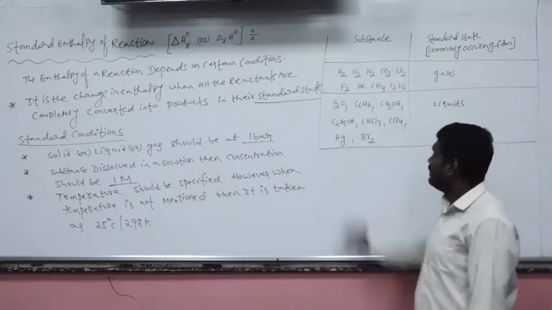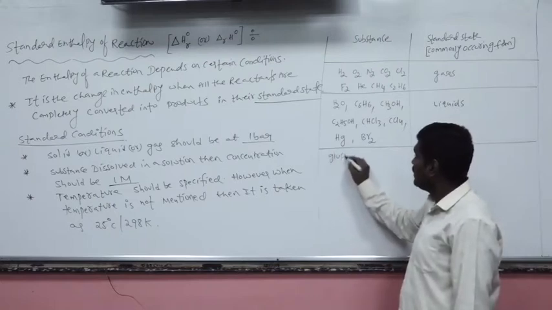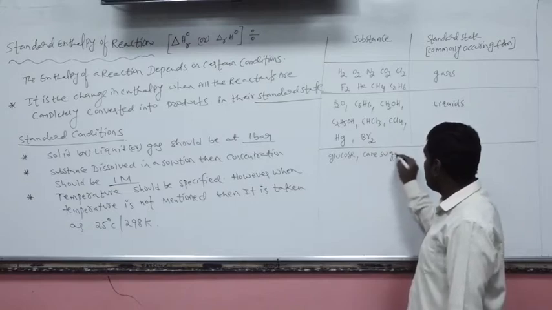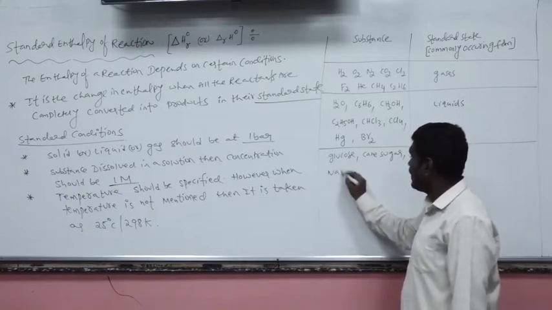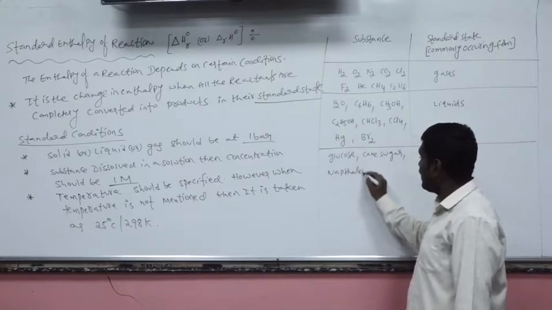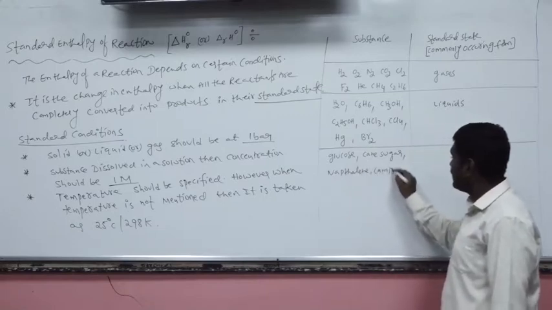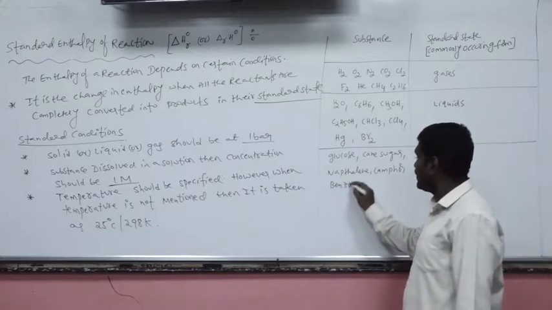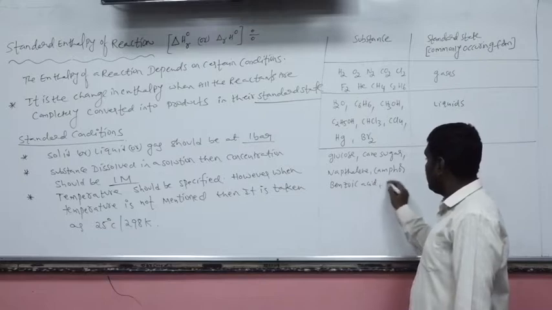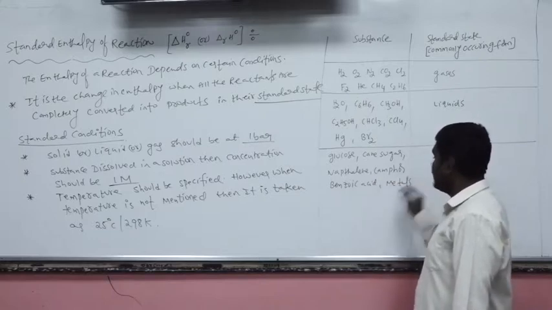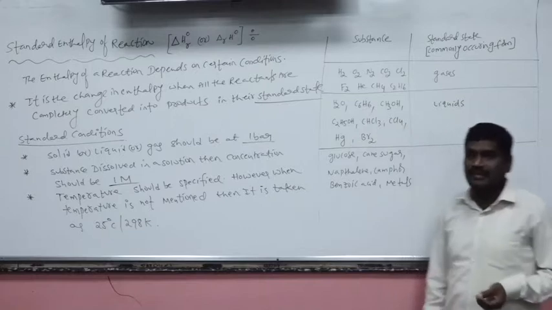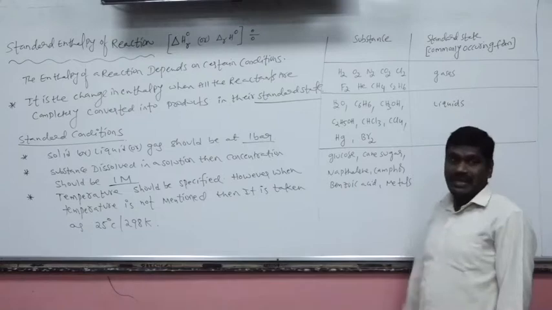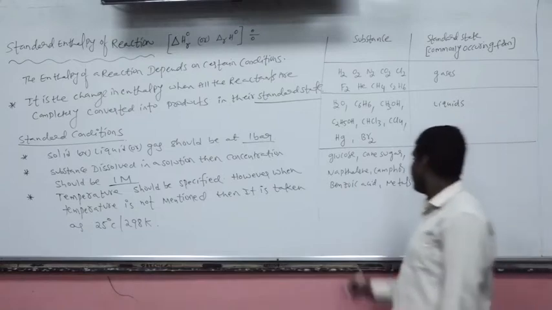Now, come to glucose, cane sugar, naphthalene, camphor, benzoic acid, metals, in the sense alkali metals, sodium, potassium, alkaline earth metals, beryllium, magnesium, calcium, aluminum, transition metals, d-block metals, isn't it?